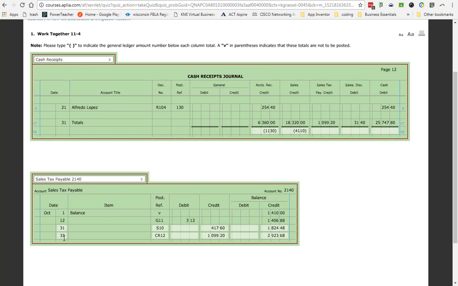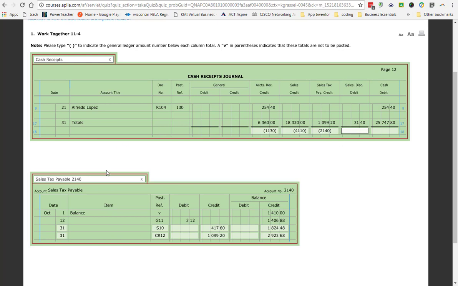I'm surprised it let me put in 33. Appreciate that catch on that one. Account number 2140 goes back up into my cash receipts journal.